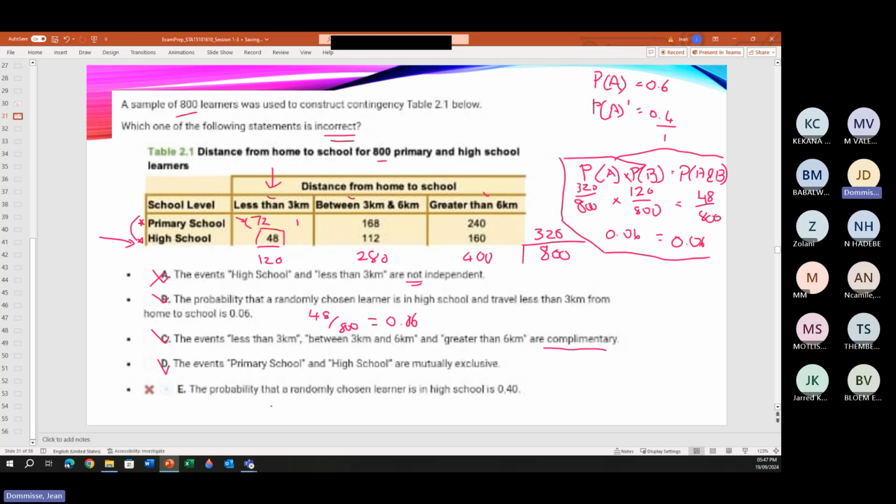And then the probability that a randomly chosen learner is in high school is 320 divided by 800, which is 0.4.